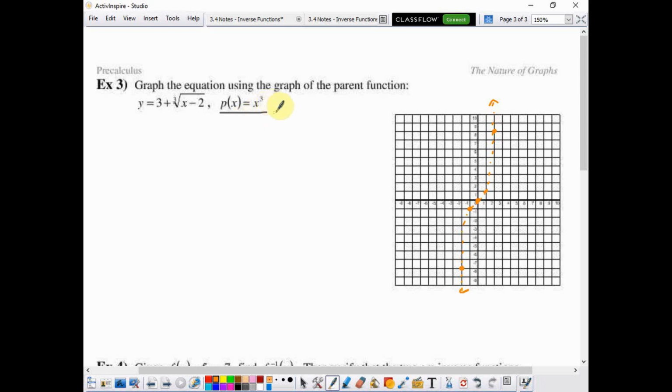So if p of x is x cubed, then p inverse of x is going to be the cubed root of x, which means this right here is the inverse. So our first transformation is the inverse.